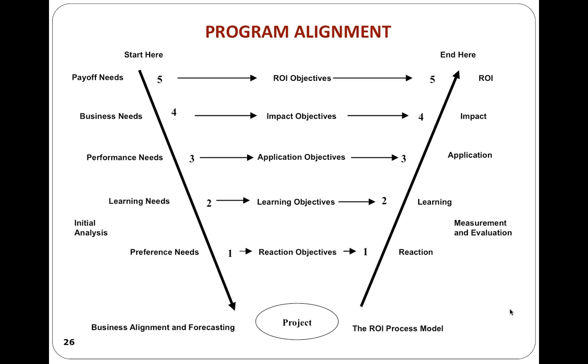Start here, end here. That is, we start with needs that are clearly defined at 5 levels. They translate into objectives at 5 levels, and we evaluate at 5 levels if we want to. You remember, we have an option of where we stop the evaluation.